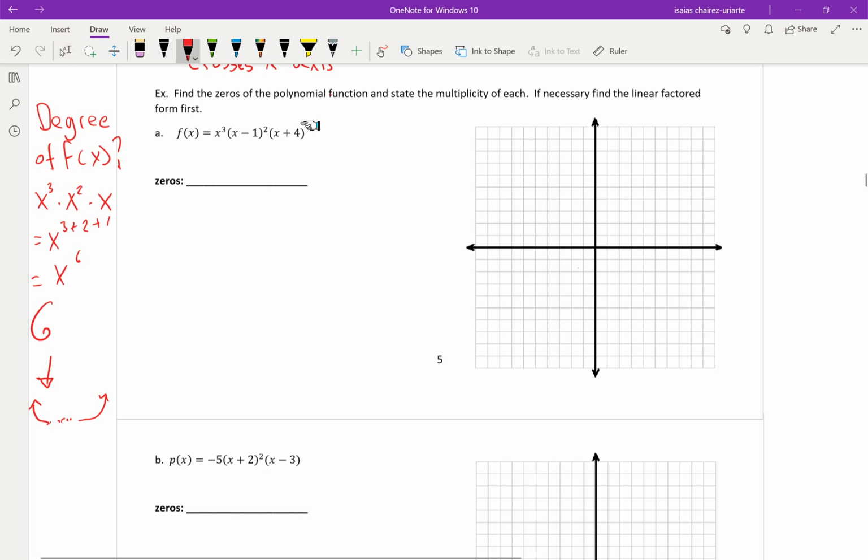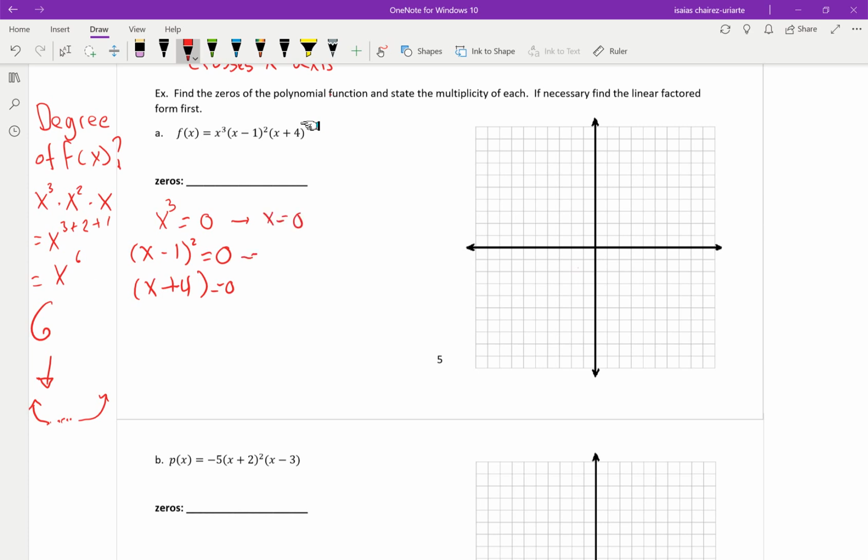To find the x-intercepts, I have to set each one of the factors equal to 0. So x cubed equals 0. I have to say x minus 1 squared equals 0. And x plus 4 equals 0. From the first one, I would conclude that x is equal to 0.